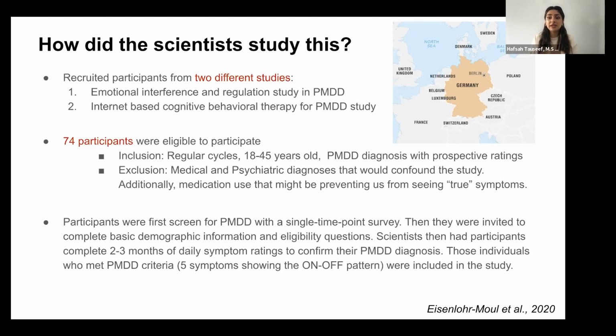We do this because, as Tory mentioned, there is a high false positive rate. So we really wanted to make sure that they met criteria. What we considered for PMDD diagnosis was that 5 of those symptoms that Tory mentioned in the slide had that on-off pattern that we talked about. So these individuals were kept in the study and we did analyses on them.